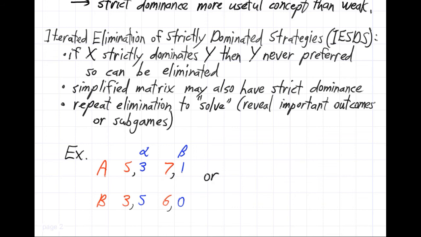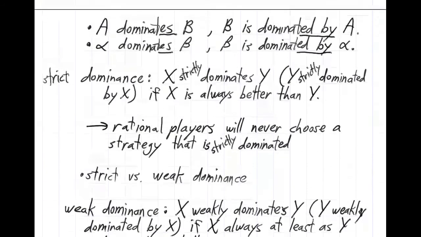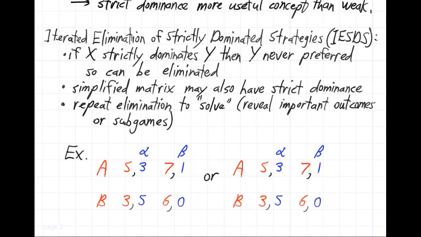So I'm going to duplicate this matrix, and let's look at it twice. We already saw earlier that A dominates B. So player 1 will never choose B, so we can eliminate B.